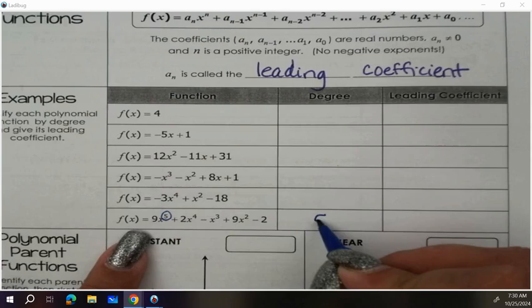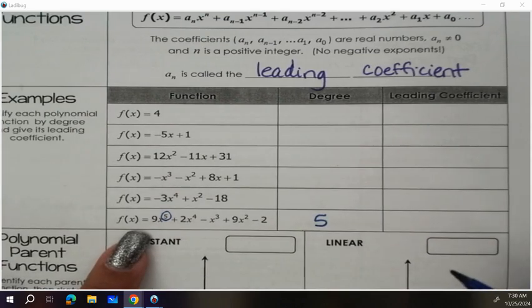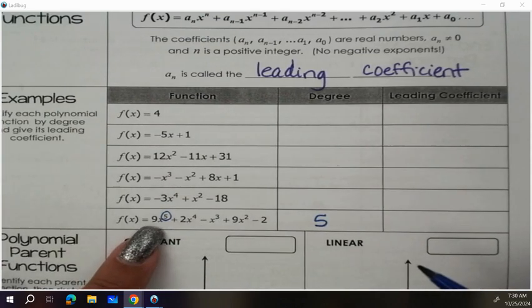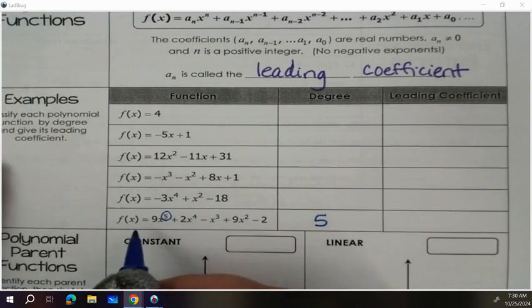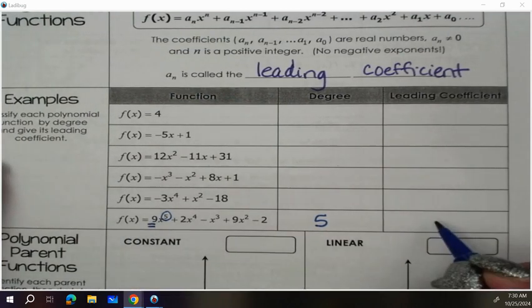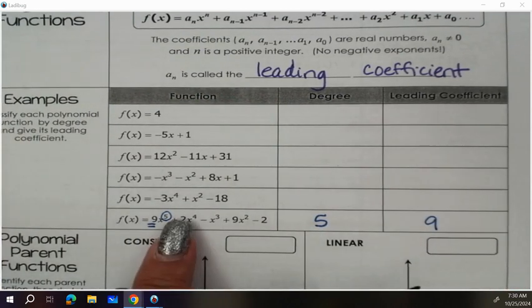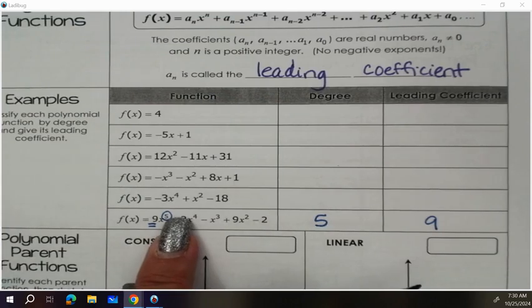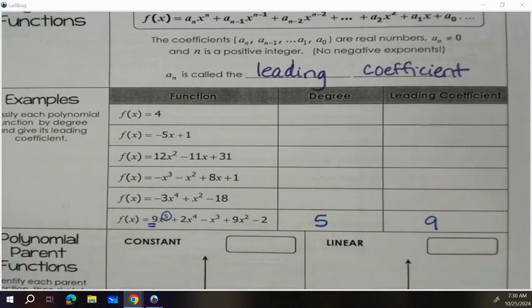Remember, that would be called quintic if I was to call it by name. It's degree 5. And then what do you guys think would be the leading coefficient here? The 9. Good. Yeah, the number out in the very front. Okay. So the 5 is the degree because that's your biggest exponent. The 9 is your leading coefficient.